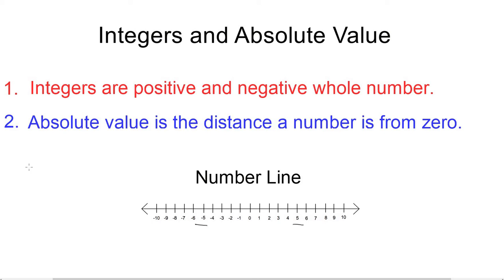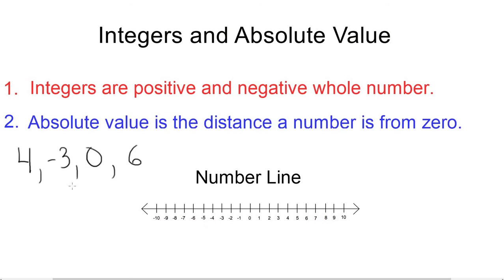And so when we write it, if I want to take the absolute value of -5, I use these two vertical lines to represent absolute value, and that tells me that the absolute value of -5 is just 5, and that's just telling me I'm 5 units away from 0, whereas the absolute value of 5 is also 5, and it's 5 units away from 0.